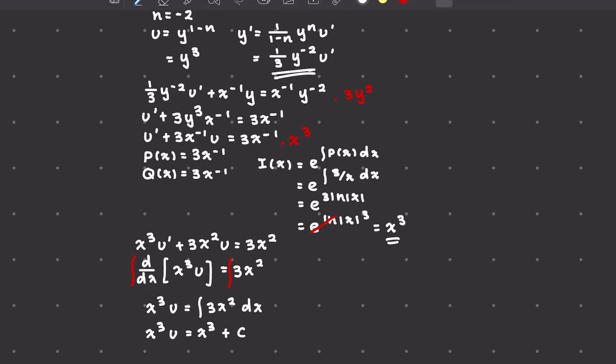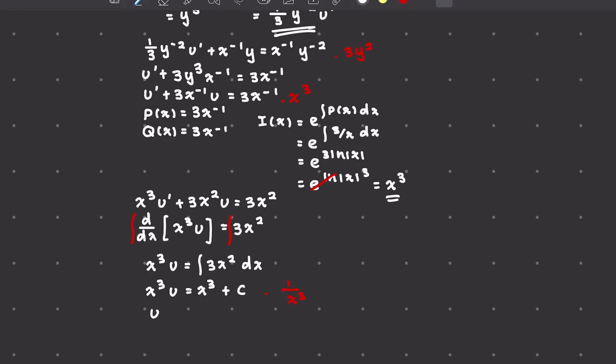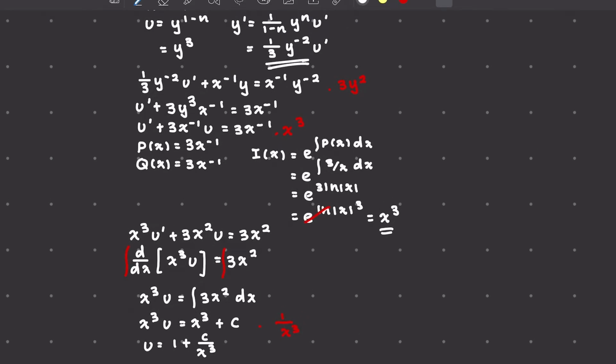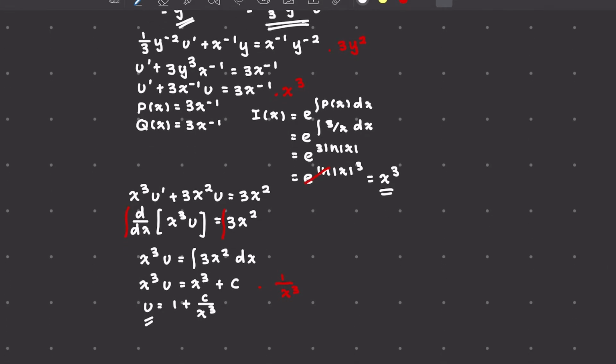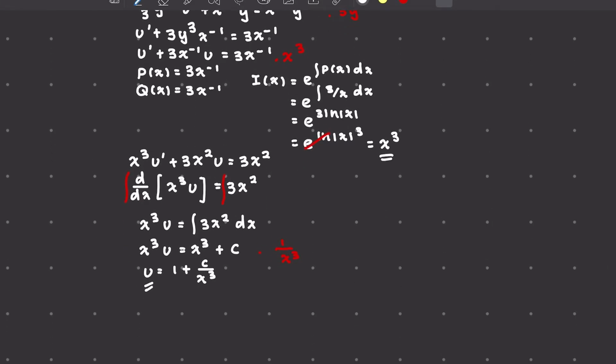And so after we get x cubed u equals x cubed plus c, let's multiply everything by 1 over x cubed, since we want to make this final answer an explicit answer. And so u is equal to 1 plus c over x cubed. We know that u here we can substitute back with y to the third power, since we want to make this equation into a y equals equation, not u, okay?